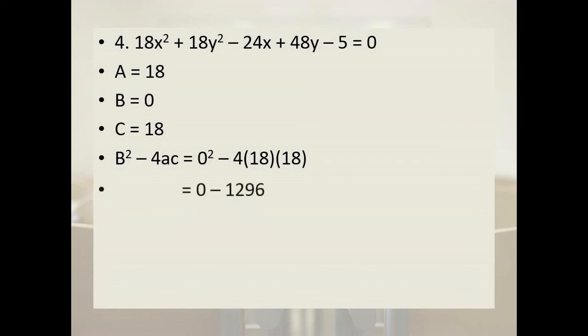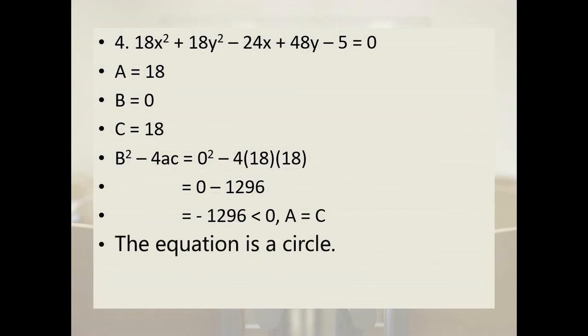So 0 minus 1296. So that would be negative 1296, which is less than 0. A is equal to C also. So the equation is a circle.